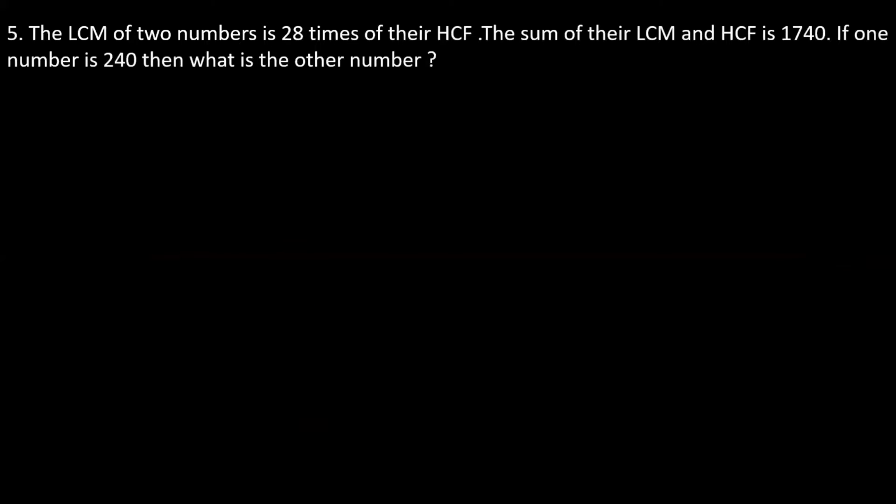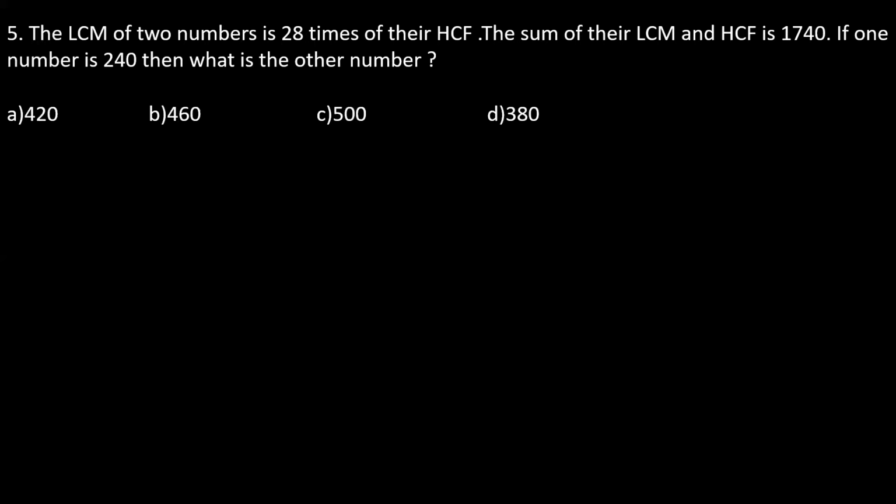The LCM of two numbers is 28 times of their HCF. The sum of their LCM and HCF is 1740. If one number is 240, then what is the other number?